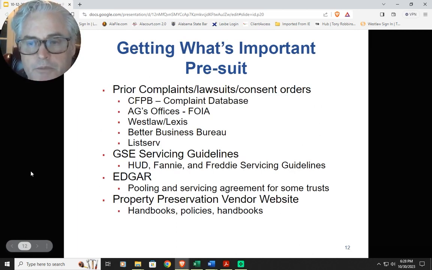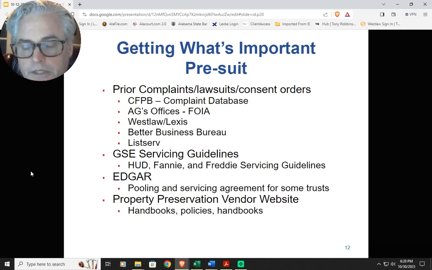If this is one of the major players, then you're going to be looking for other similar incidents, which constitute notice and knowledge of problems with the conduct in your case, and knowledge of the great needless harm that a consumer will suffer if this is done improperly. So you can always go to the CFPB's complaint database, AG's offices, Westlaw and Lexis.